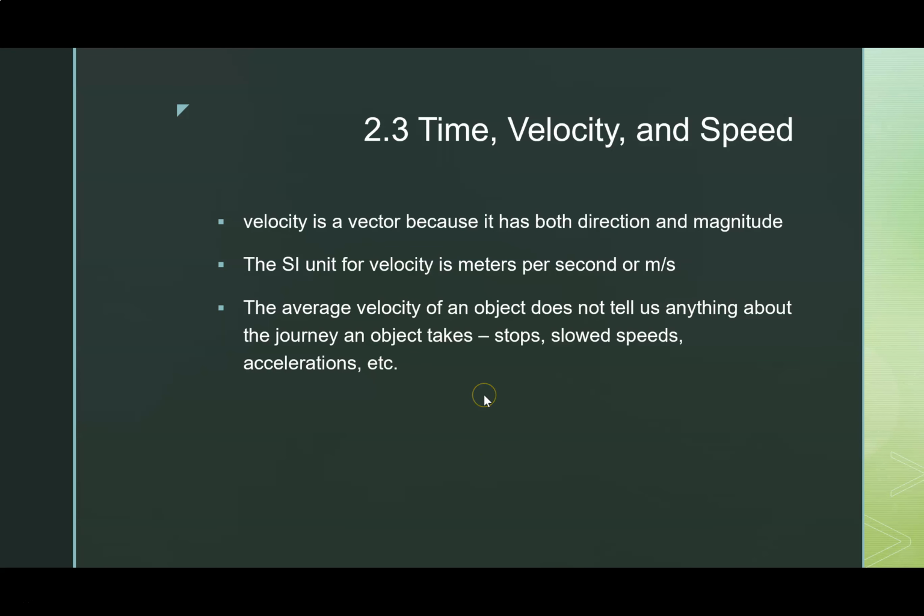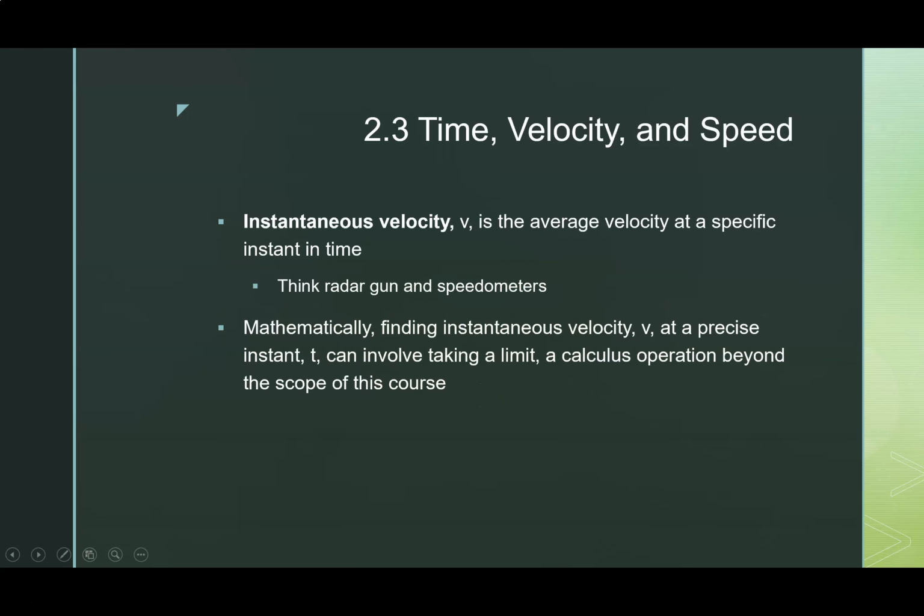And so we take our velocity information and we're going to think more about instantaneous velocities. So if I could point a radar gun like the police have to catch people who are speeding at a car or an object that is moving, and it would tell me both the direction and magnitude of the velocity, then I know that I've looked at an instantaneous velocity.